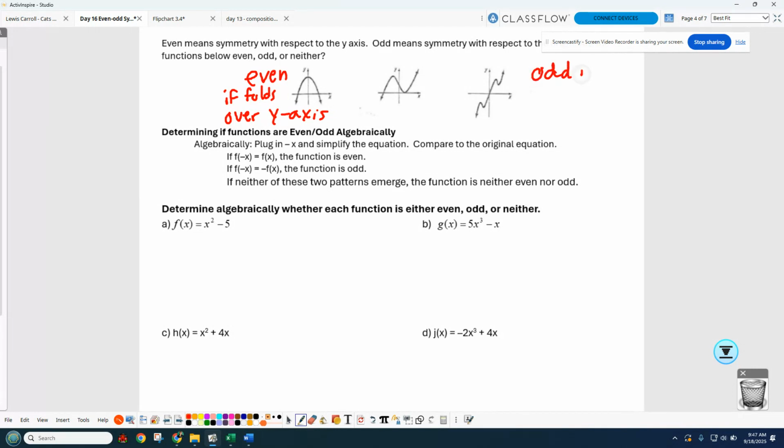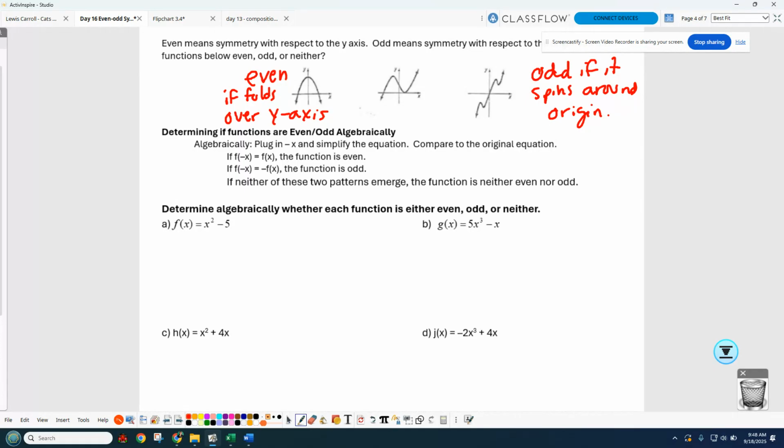Graphically, it's odd, as Charles said, if it spins around the origin. And as I said yesterday, the easy way to check is to pick up your paper, put your pencil on the origin, turn it upside down, and see: is the y-intercept in the same place?